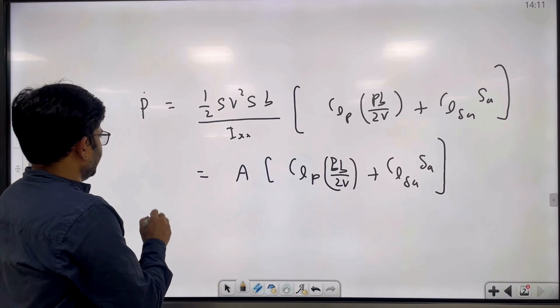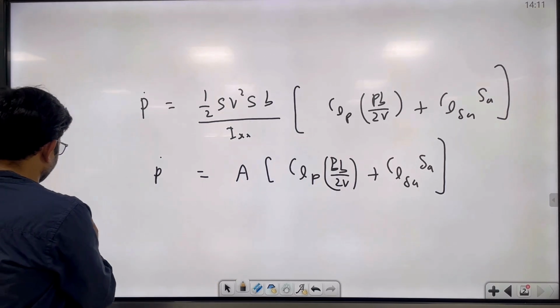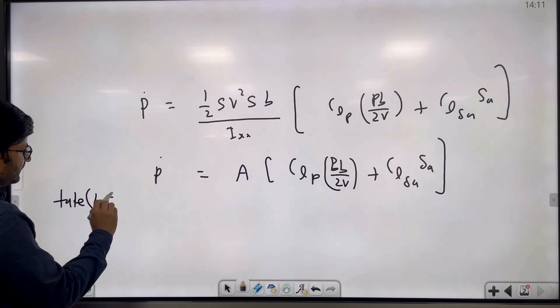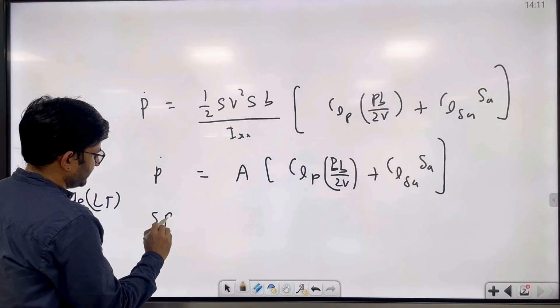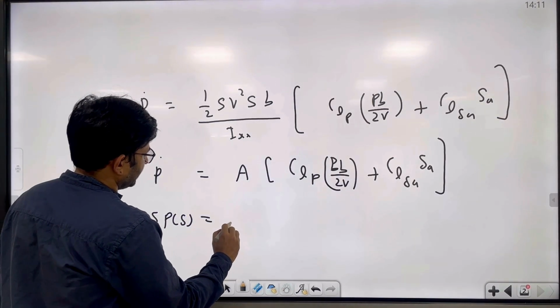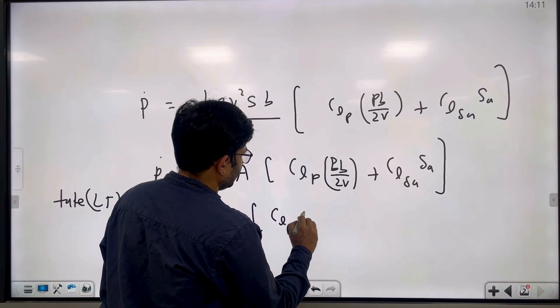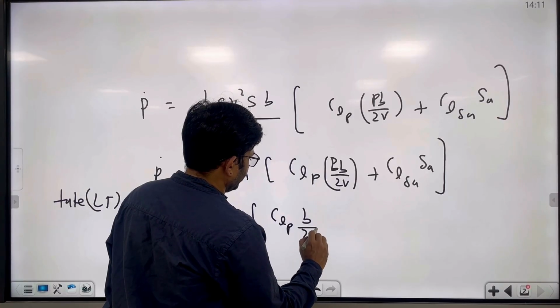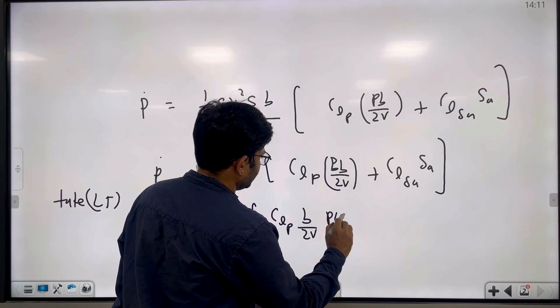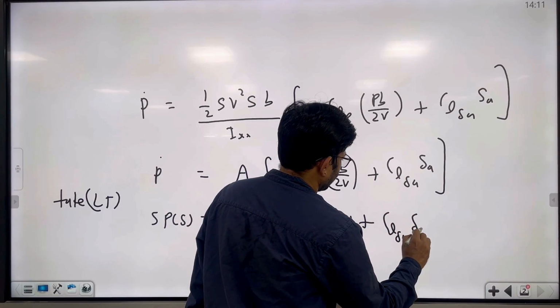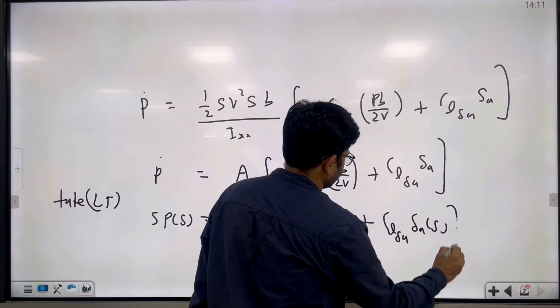You take the Laplace transform, and you will get s P of s equals A Clp b by 2V P of s plus A Cl delta A delta A of s.